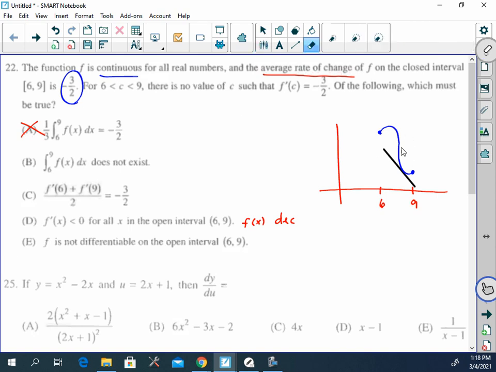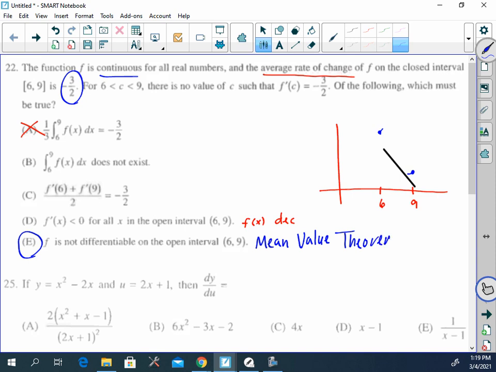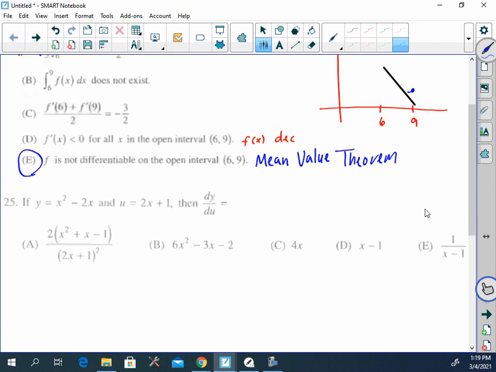There must be a corner in the graph or something like that. So f is not differentiable, because if it was, we would end up with the average rate of change equaling the slope at some spot. This is the mean value theorem, which is back to a lesson before. Okay, this is not the correct answer, even though that's what the key says. I am sure that I made that incorrectly at one point and never fixed it.